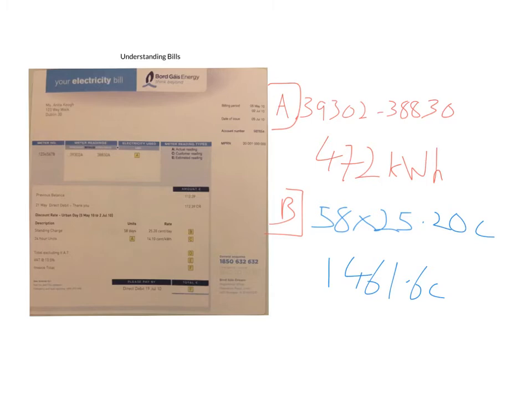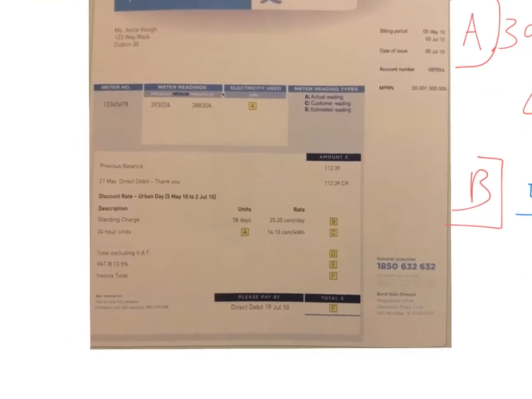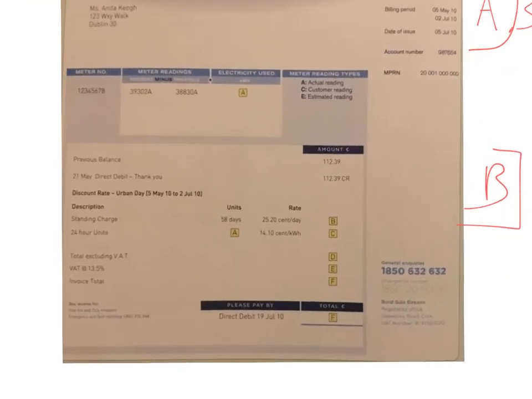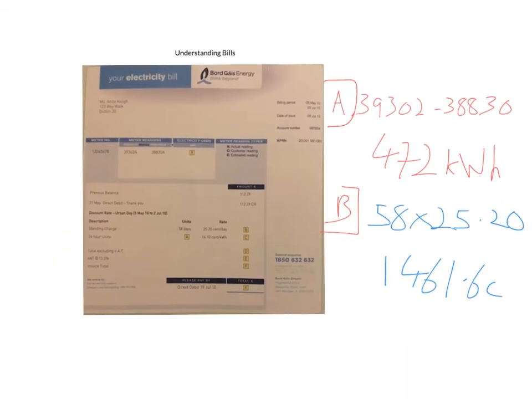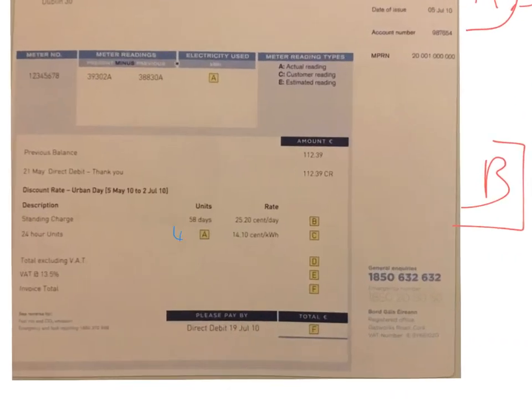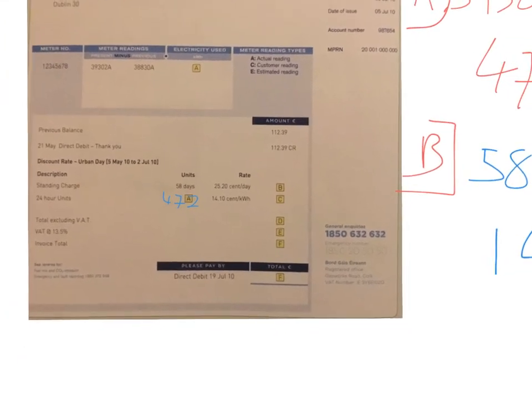Now, if we look at the next blank, it's actually A again, because the amount of units used we've already figured out, and we said it was 472 kilowatt hours. Now each of those units costs 14.10 cents.